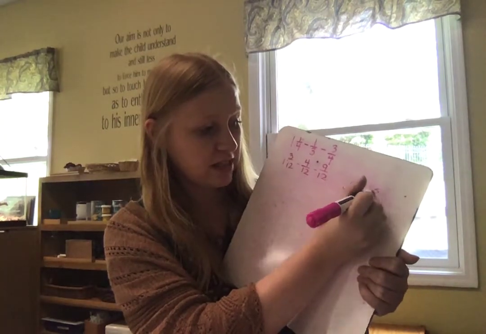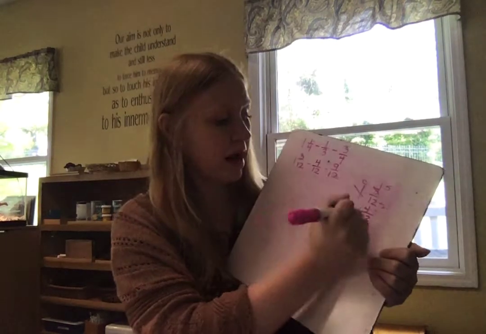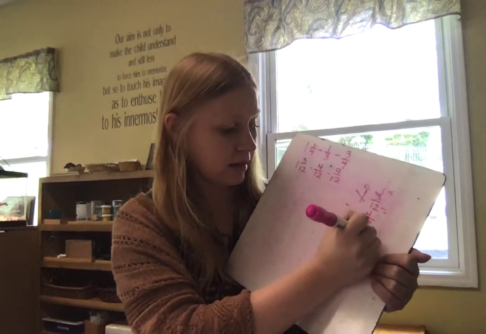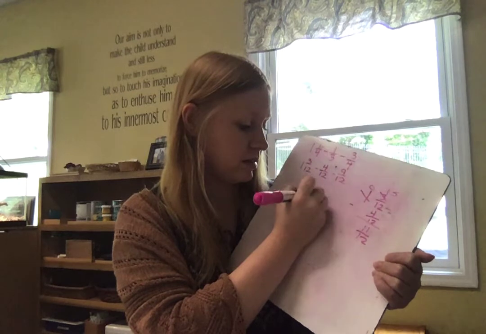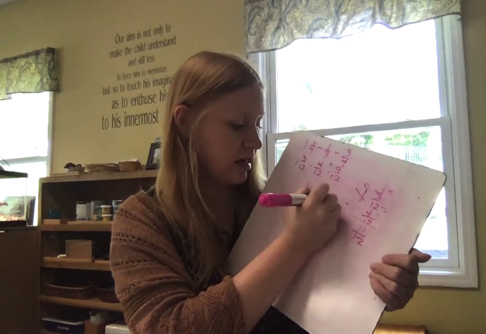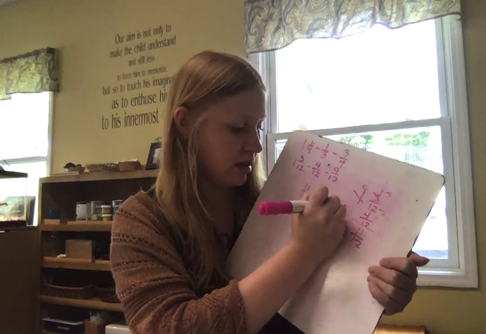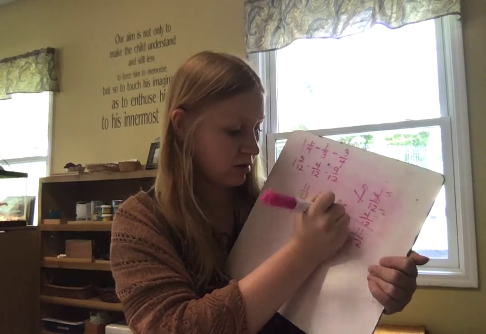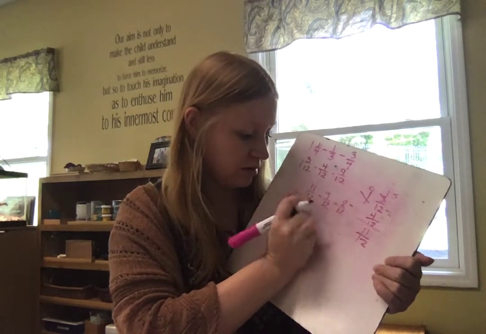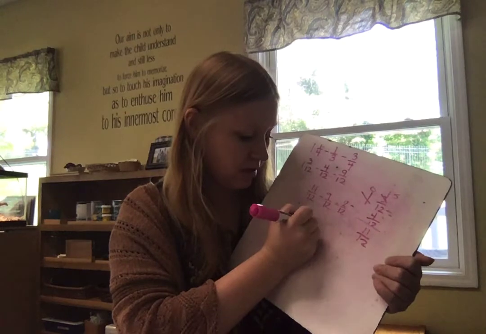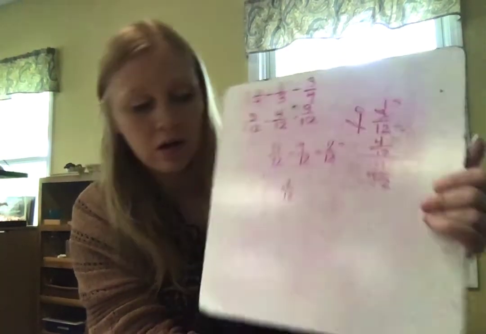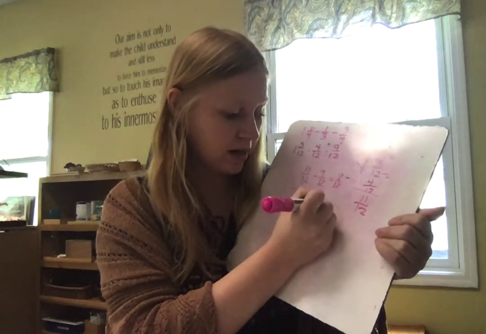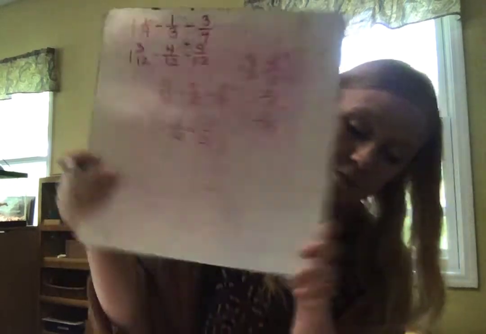And that becomes 15/12 minus 4/12, and I get 11/12. 11/12 minus 9/12 leaves me with 2/12. 2/12 can be reduced because they both are divisible by 2. And I'm left with 1/6.